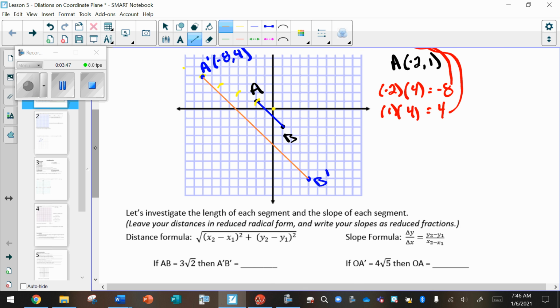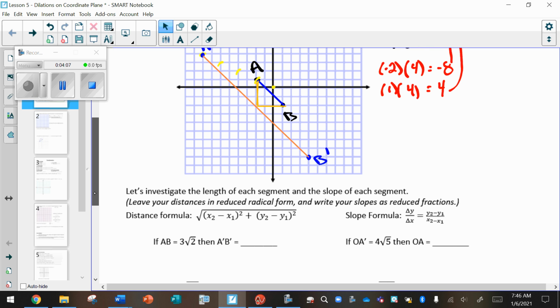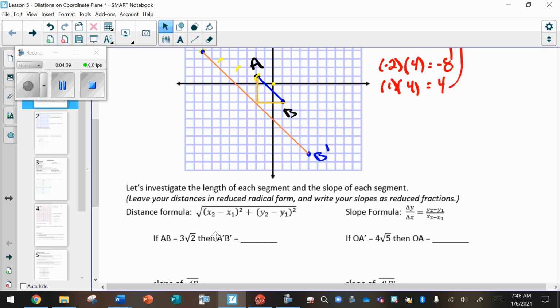And of course, the image is parallel to the pre-image, and we should know what's going to happen if we try to find the lengths. If I did the Pythagorean theorem with AB by making a right triangle here, a squared plus b squared equals c squared, and I ended up with 3 radical 2 as my distance, then what would I get for A prime B prime?